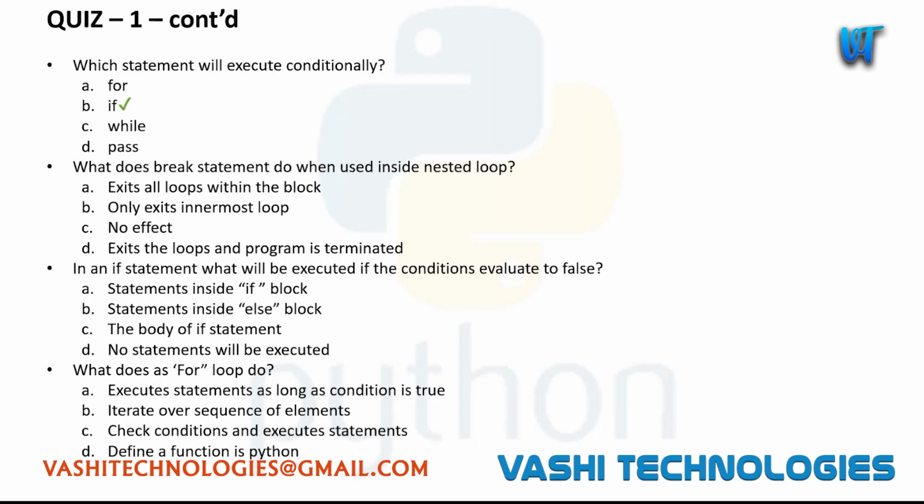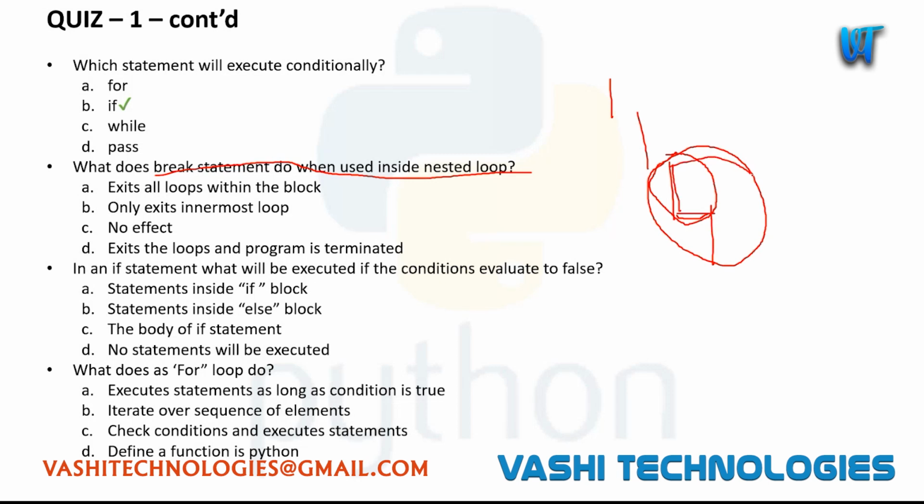So if you observe the question here, what does the break statement do when used inside a nested loop? If we are having a first for loop, second for loop, third for loop, and fourth for loop, and it encounters a break statement in the third loop, then it will just terminate this loop. This will terminate the third and fourth loops because the fourth loop is coming within the third one.